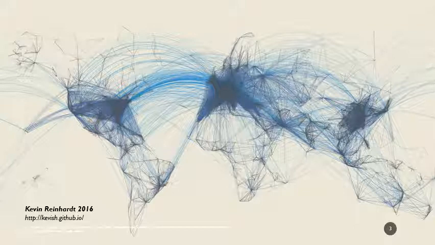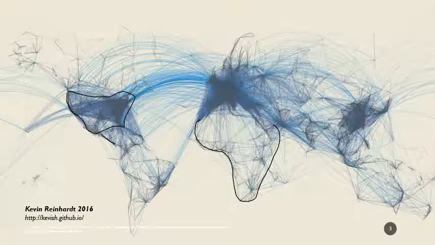So as you're looking at this, you might start to see some familiar shapes. For example, this one right here might look a bit like Africa. This might look like the United States and Mexico down here, as well as South America.